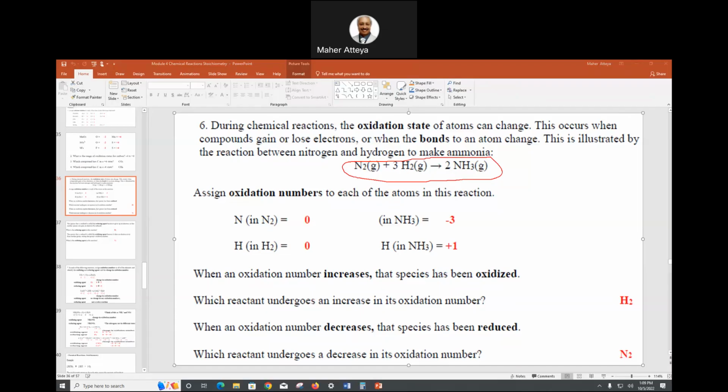Anytime I have an element by itself or a molecule by itself, like nitrogen here, you see, nitrogen by itself here, guys. Nitrogen here is a molecule, and hydrogen is a molecule.